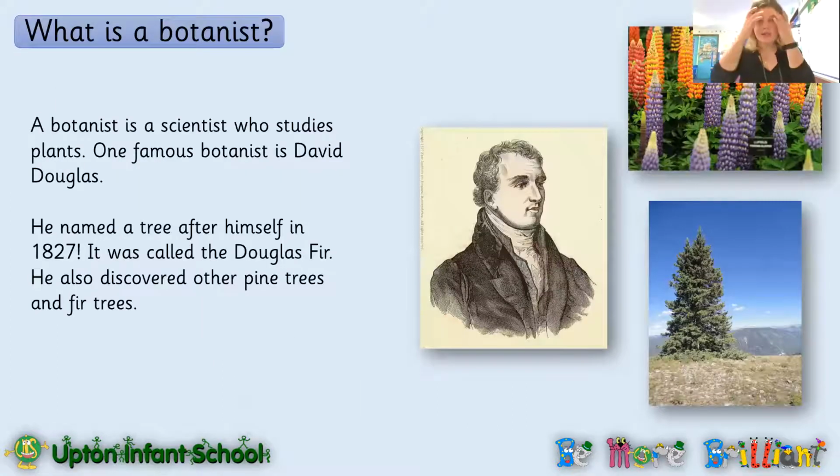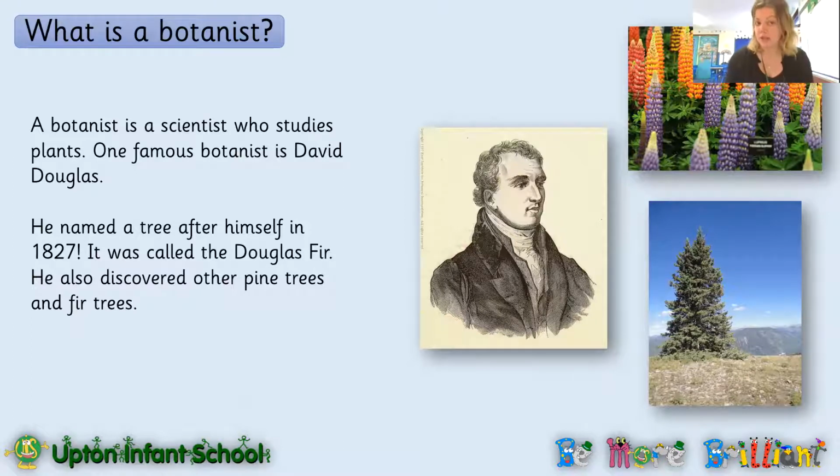So, to start the week, we are going to talk briefly about what is a botanist. Now, you might have heard that word before, or you might be thinking, I've never heard of that word before. Well, a botanist is a scientist who studies plants. And one famous botanist is a man called David Douglas.